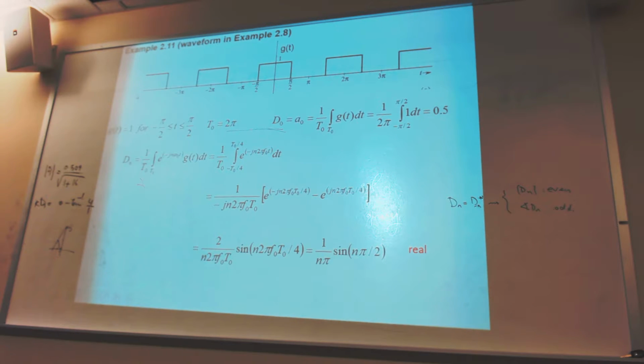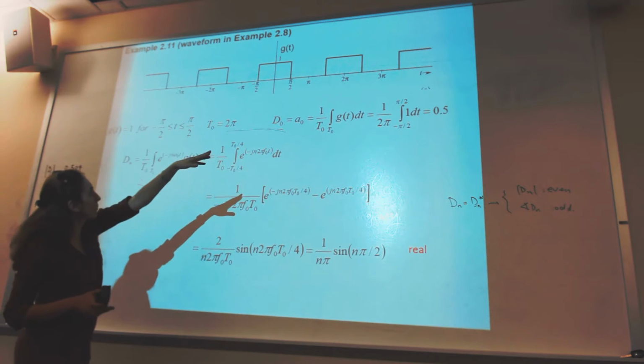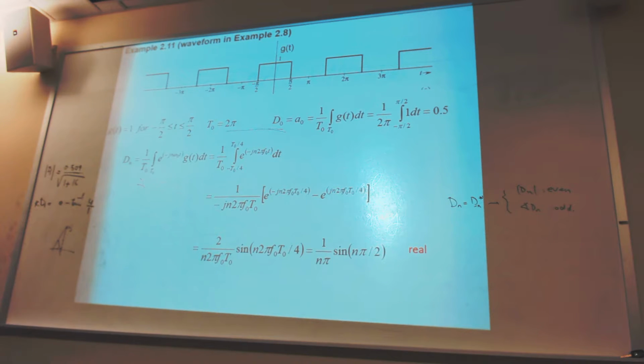What's the T naught? T naught is 2 pi. Again, just pick one point and see where it repeats itself. Okay, so 0 to pi. So T naught is 2 pi. When I take the integral, it's going to be integral over 1 period. So let's say from minus pi to pi. But from minus pi to pi, some part is 0. I don't care about the 0. So basically, I would say.